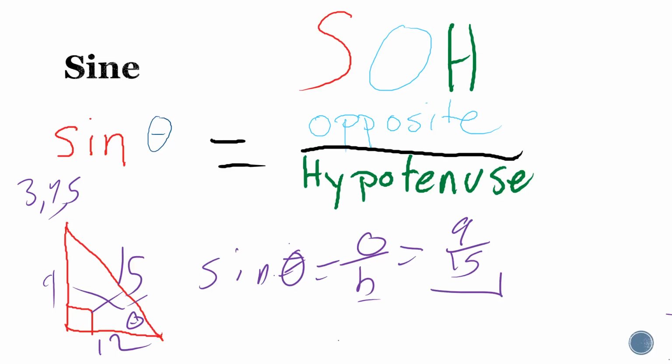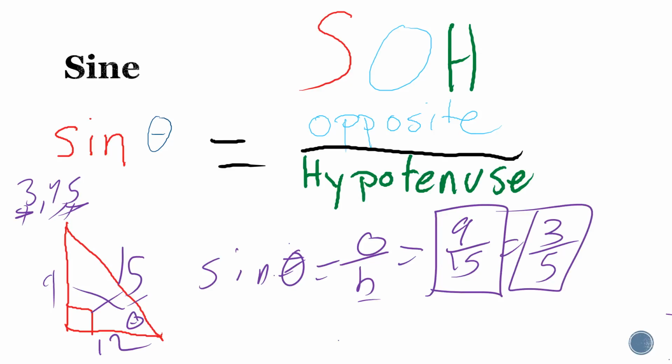So at this point, we have set it up properly, even though this could be simplified, because if we simplified it, that would just give us 3/5. So we'd have that the sine of theta, whatever theta is, would be 3/5.